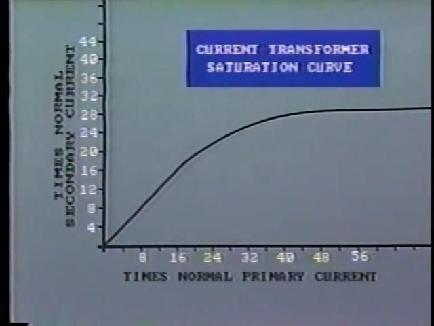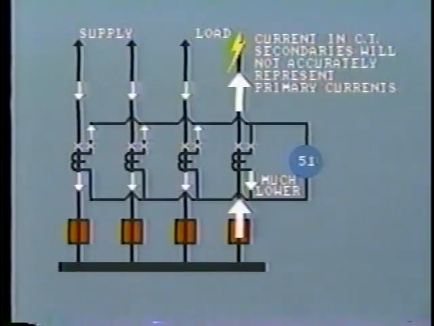You'll remember we discussed saturation of the iron core in an earlier tape. This saturation curve shows that for current flows over 20 times rated, the secondary current is no longer in proportion to the primary. The secondary current on this saturated CT will be much lower than the sum of the secondary CTs 1, 2, and 3.